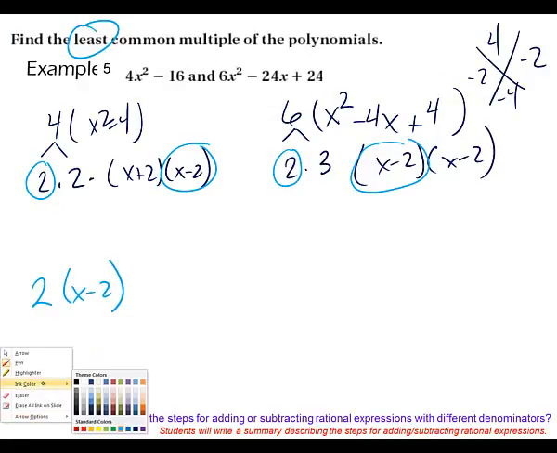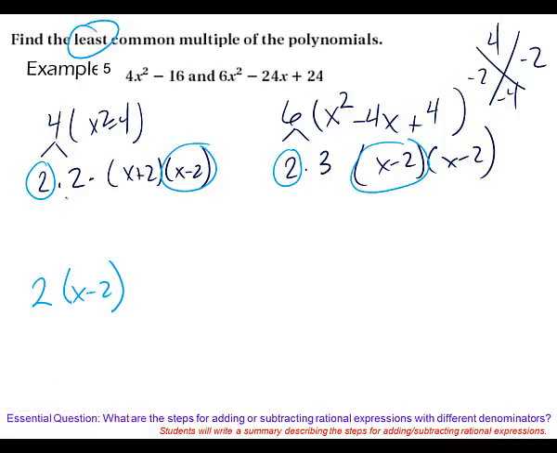Okay, now you're going to use your red pencil. And underline everything else that's left behind. Then you write down everything that's underlined. So I'm going to write it in red. 2 times x plus 2 times 3 times x minus 2. That's ugly, right? So we're going to clean that up a little bit.